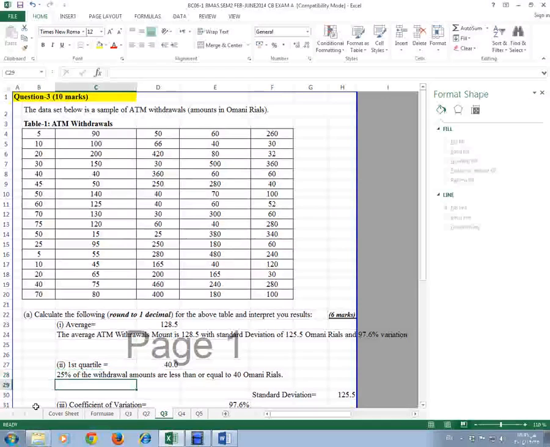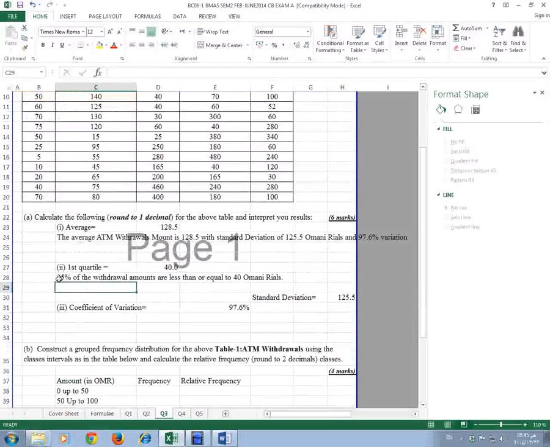This is for the first quartile. So if it is the third quartile, right here 75%. If it is the median, 50%.